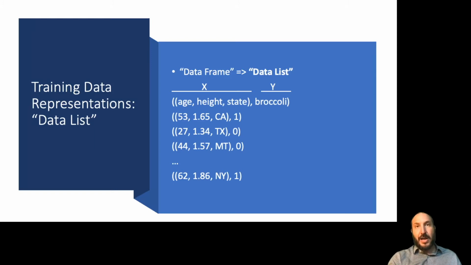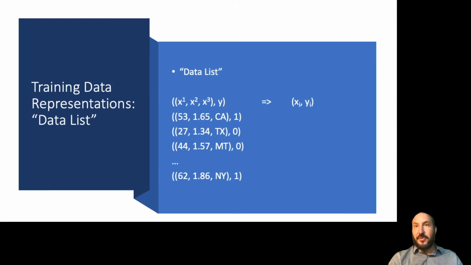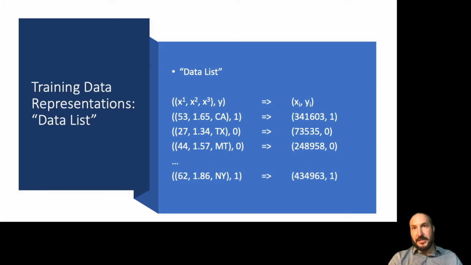And so we have XY pairs this way. And then using the mapping that we came up with before, we can assign each triplet of values to a unique integer. And then our XY pairs just look like pairs of integers. And we would think of our training data as being a list of pairs of integers.